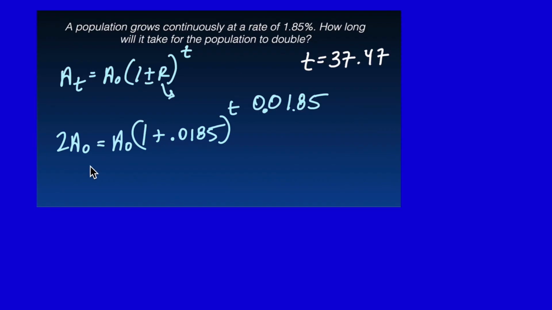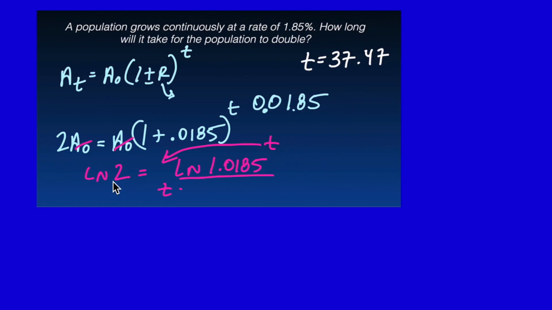We're going to end up with 2 times the initial amount, because that would reflect a doubling. So again, the a sub zeros are going to cancel out, and you're going to take the natural log of both sides. So you would have the natural log of 1.0185 raised to the t. You can pull the exponent out, and you're going to have t times the ln of 1.0185.